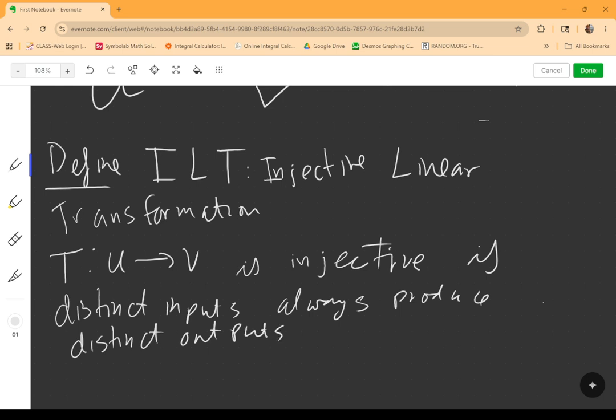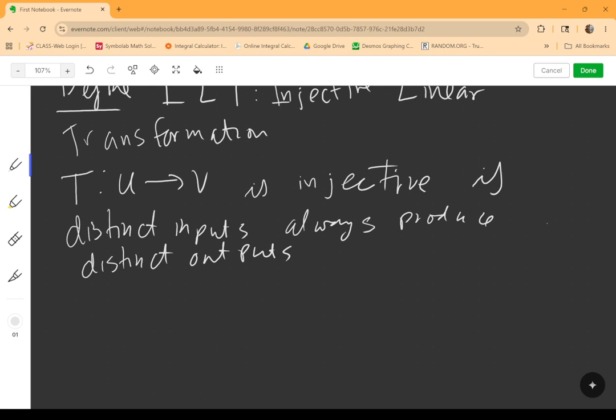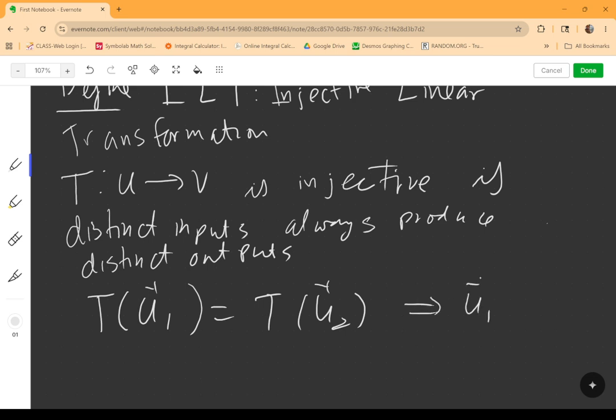What that means is that if T of U1 is equal to T of U2, then U1 must equal U2.